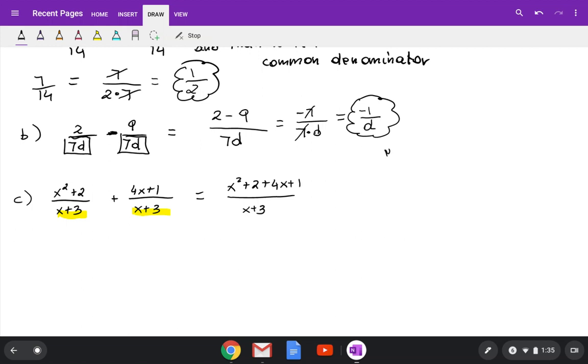So again, note what we did: we copy the denominator once, and we add numerators.